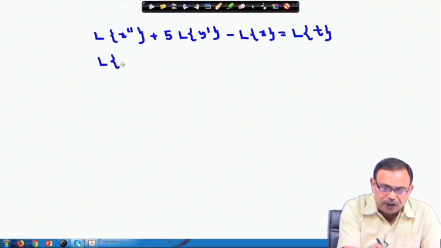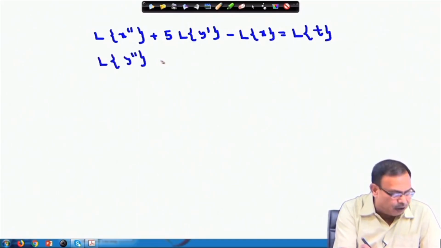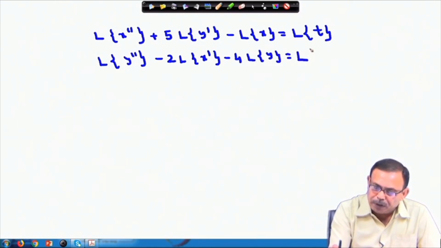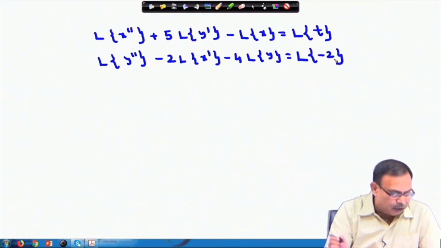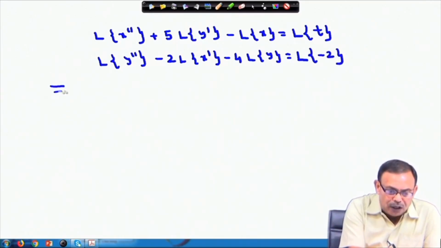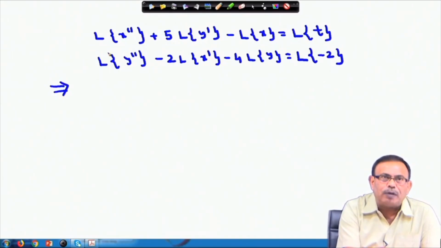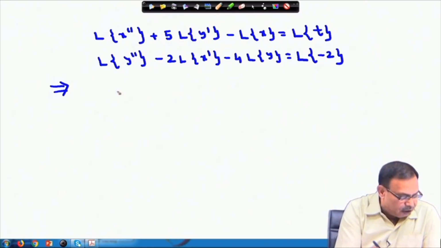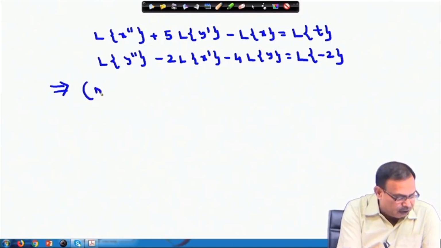And for the second equation, the Laplace transform of y double dash minus twice the Laplace transform of x dash minus 4 into the Laplace transform of y equals the Laplace transform of minus 2. So, again by substituting the values of the Laplace transforms of x double dash, y dash and y double dash, you will get the next set of equations.